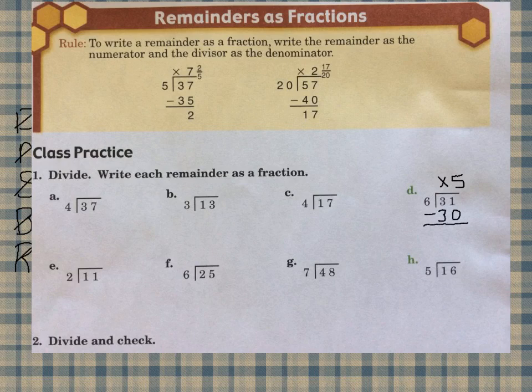Subtract. And for the 4th time in a row, we get 1 as our remainder. So we write 1 as the numerator, and the 6 becomes our denominator. Our answer is 5 and 1/6.